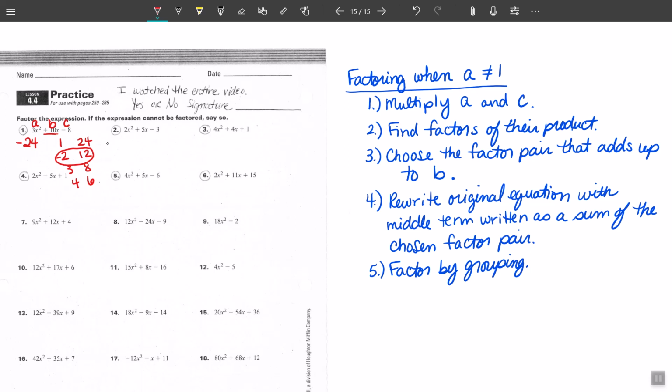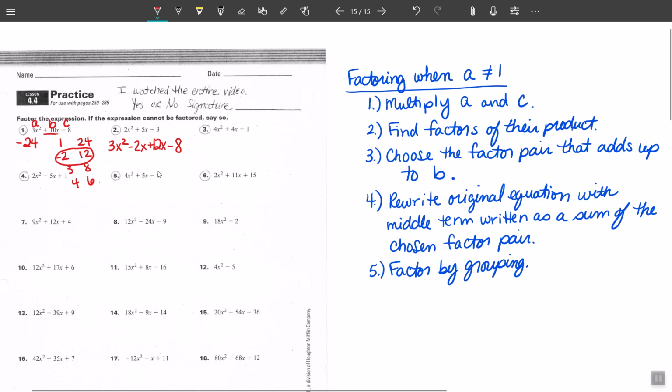So that means I'm going to rewrite the first term, 3x squared, and that last term, minus 8, exactly as I see them in the original problem. But I'm going to rewrite that 10x as a sum of these two, the 2 and the 12. All right, and so now I have it all rewritten.